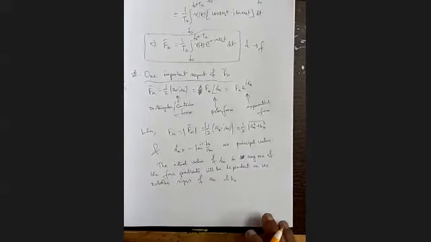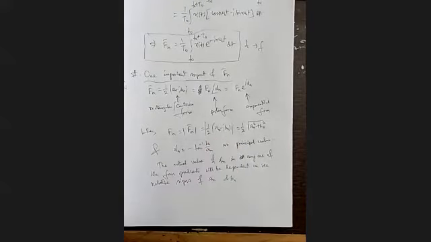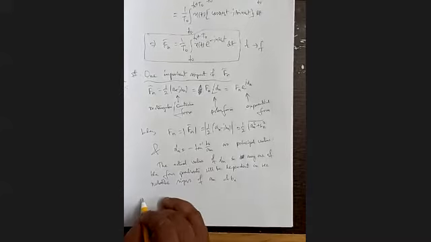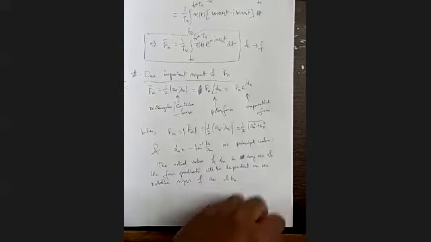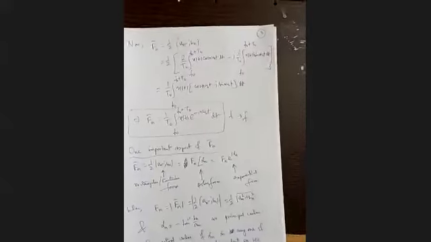What is that? When an and bn both are positive, our alpha n will be in the first quadrant. Okay, so better I write it on the next page. Page number 4.